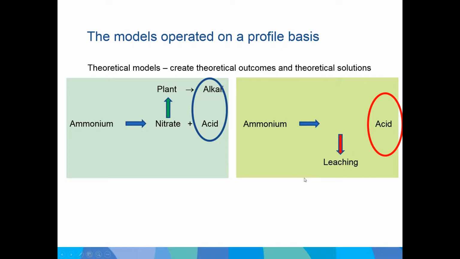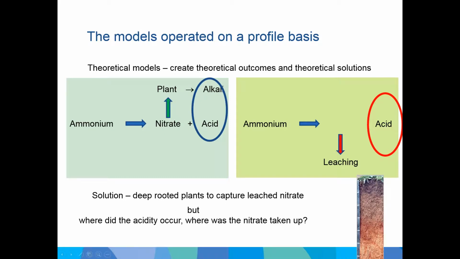So the problem was nitrate leaching causes acidity, and therefore the solution is we'll have deep-rooted plants to capture the leached nitrate, and then you'll neutralize some of that acidity because the alkali is formed. That's the theory. But the question is, where did the acidity occur and where was the nitrate taken up?